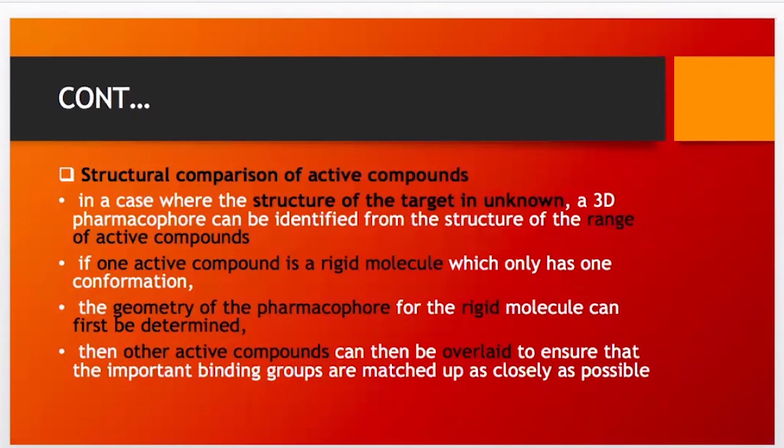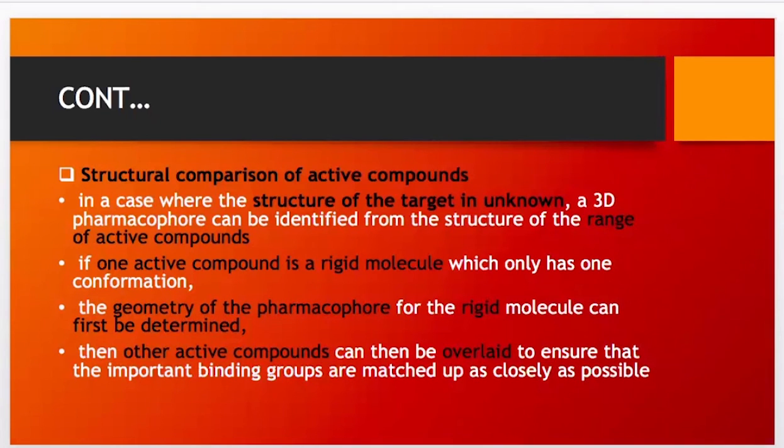You only know the structure of your ligand, but how then can you identify the pharmacophore? You can identify the 3D pharmacophore by looking at a range of different active compounds.